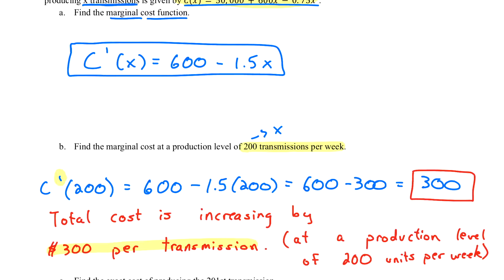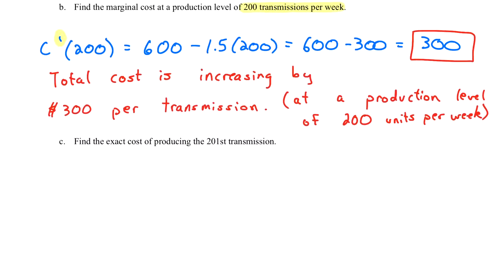If I decide I want to make another transmission, I can look at this and say it's going to cost me about $300. This is really nice because we can use it to estimate the exact cost of the next transmission. So suppose I wanted to find the exact cost of producing the 201st transmission. I only want to know how much the 201st transmission costs me to make.